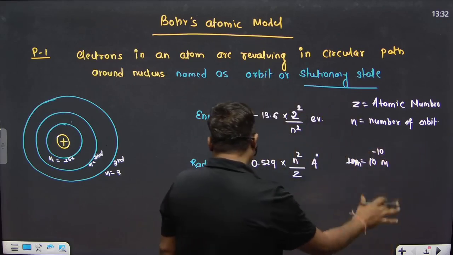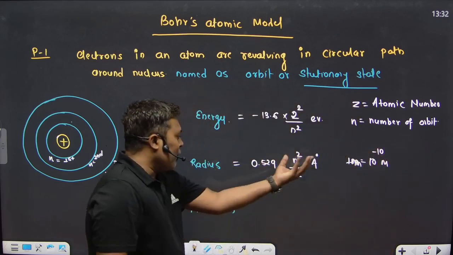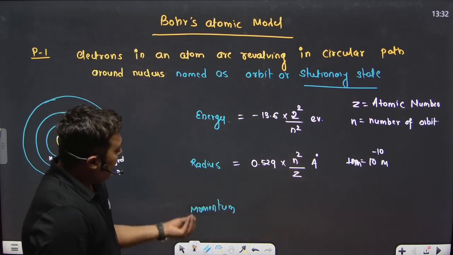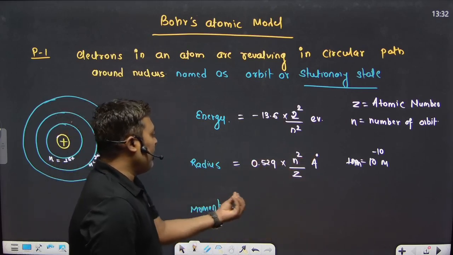So that is the unit of the radius. If we use this formula, we get the radius in terms of angstrom.